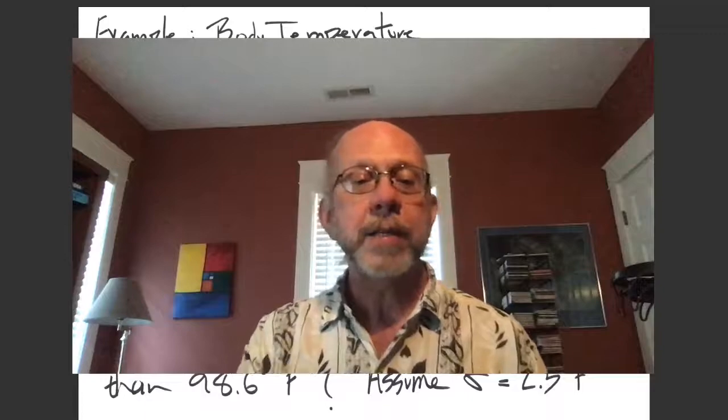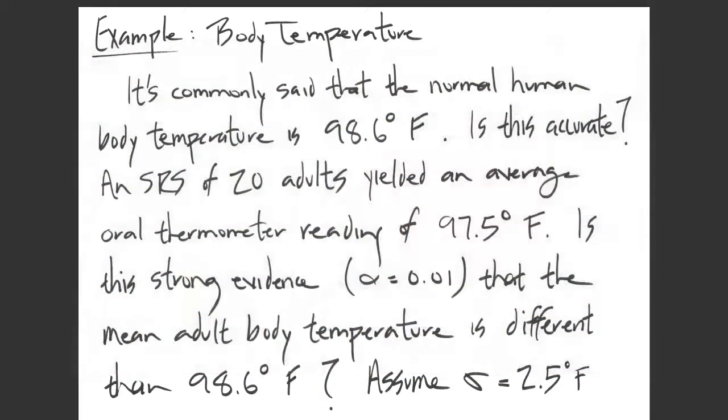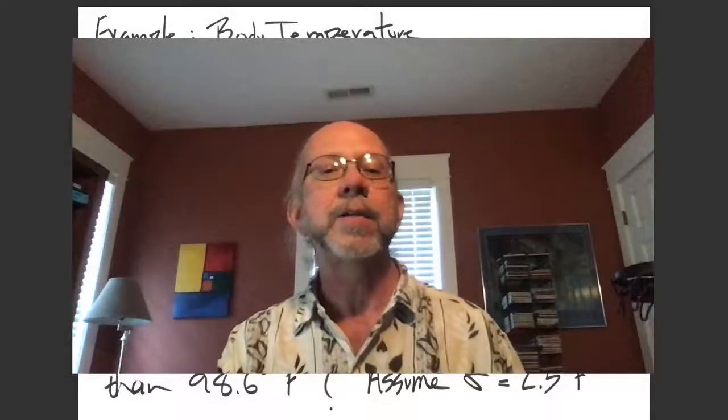So, what makes this a two-sided test is the form of that question. We're not asking whether this is evidence that the mean body temperature is less than 98.6 or bigger than 98.6. We're simply asking whether the mean temperature is different than 98.6. And that is the essence of a two-sided test.